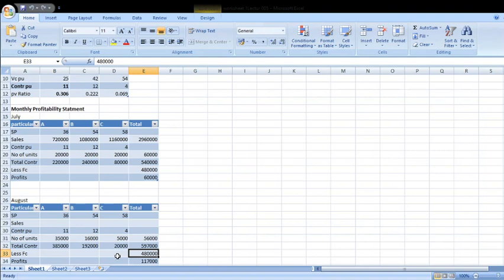Now, you will be surprised that profit has almost doubled from 60,000 to 1,19,000. But the number of units have dropped from 60,000 to 56,000. But profit has doubled. How was the magic possible? This magic was possible because they have changed the sales mix.